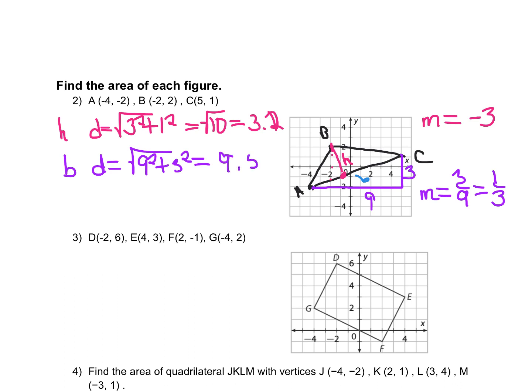So I'm going to call that 9.5. So my area is 1/2 times 3.2 times 9.5. So 9.5 times 3.2 divided by 2 is 15.2.